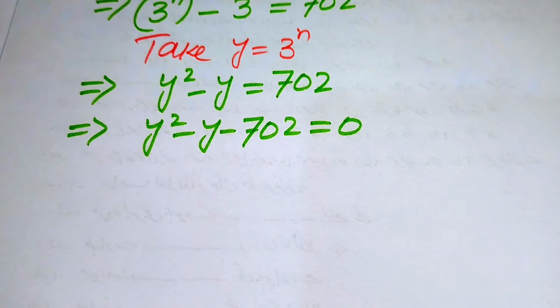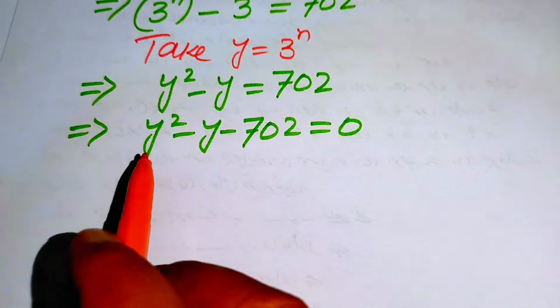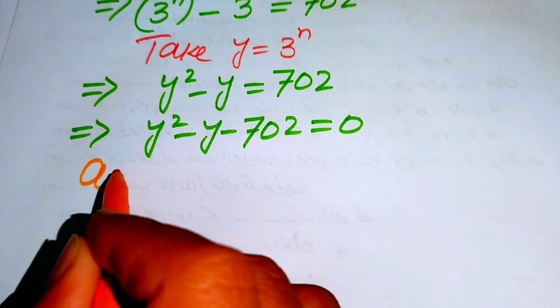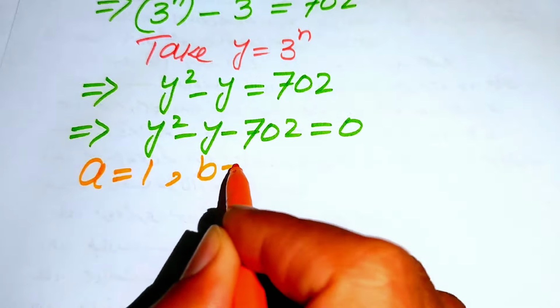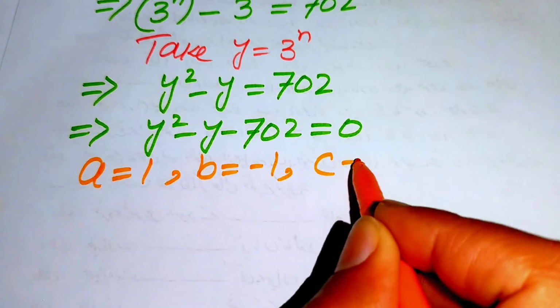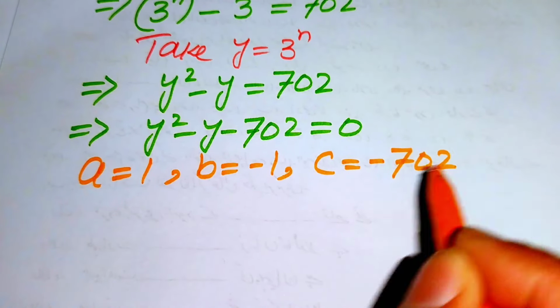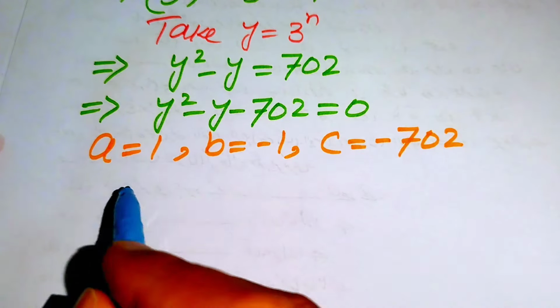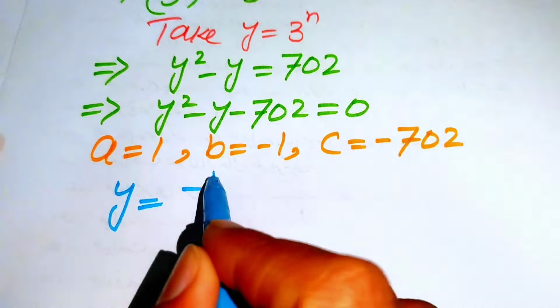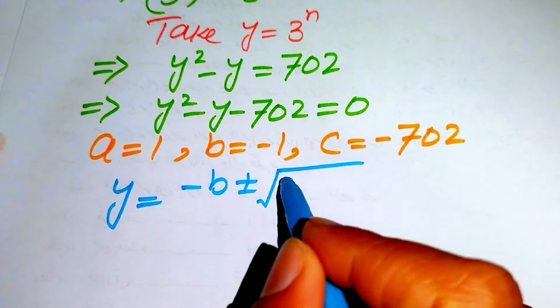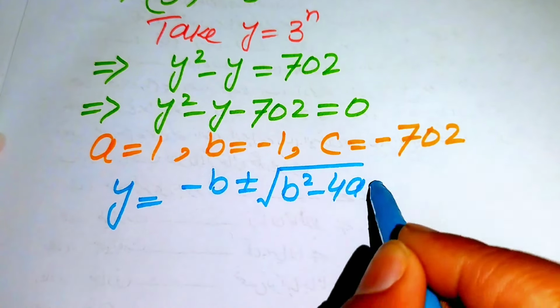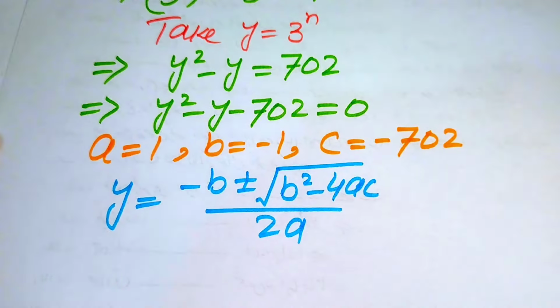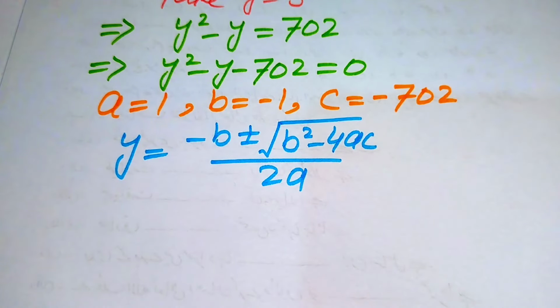Here we use the quadratic formula to solve this quadratic equation. First, the coefficients of this equation are a equals 1, b equals minus 1, and c equals minus 702. You know that our quadratic formula looks like this: y equals minus b plus minus square root of b squared minus 4ac, divided by 2a.